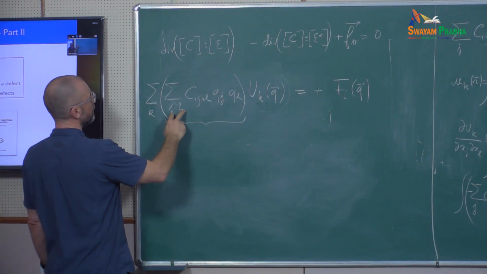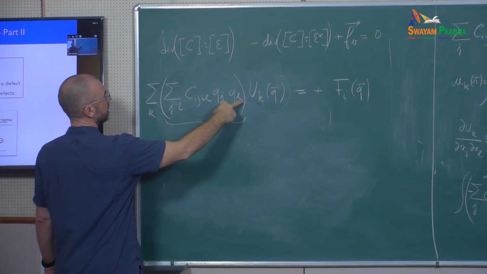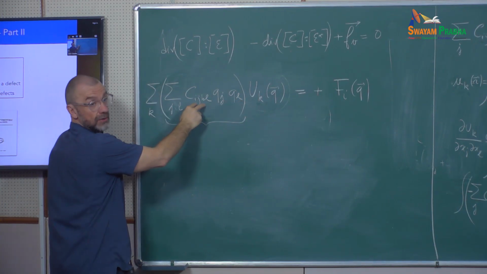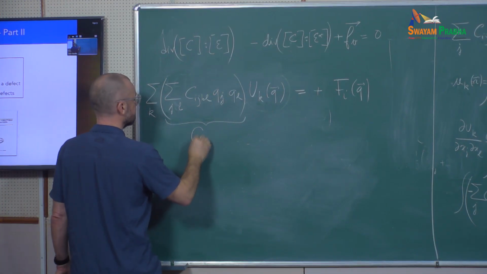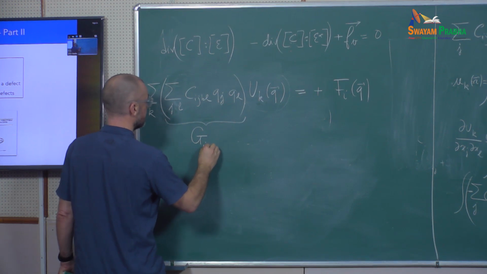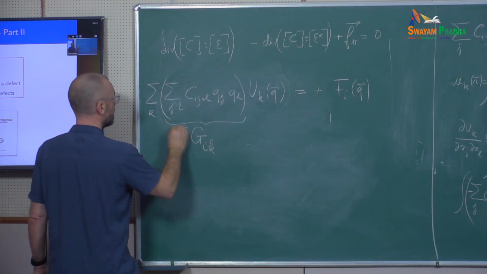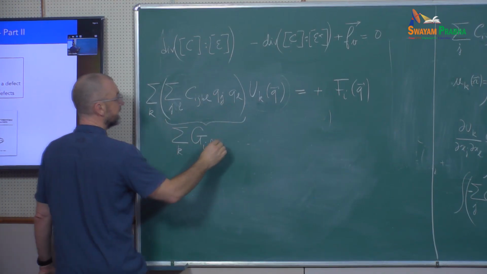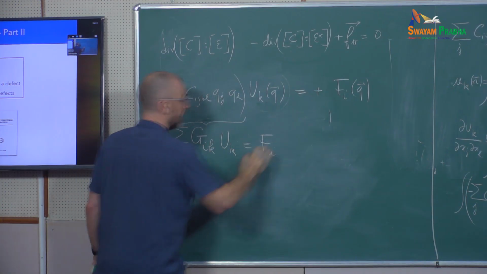Here I'm summing over j and l. I have j and l here, and j and l here. So I have two indices that remain, right? So I can call that, for example, Jik. And so the equation is sum over k of Jik uk is equal to Fi.